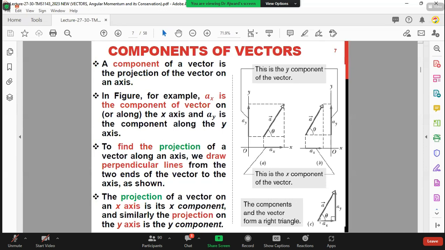AX and AY are the x and y components of vector A. So the vector can be represented by its components. The vector AX plus AY represents the vector A, because this plus this is this, even graphically.